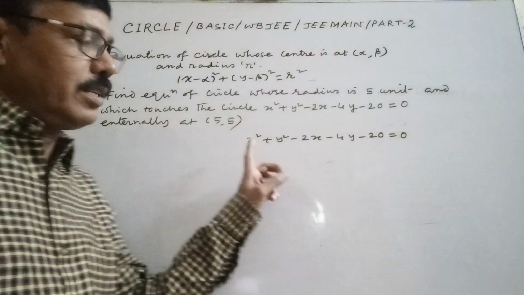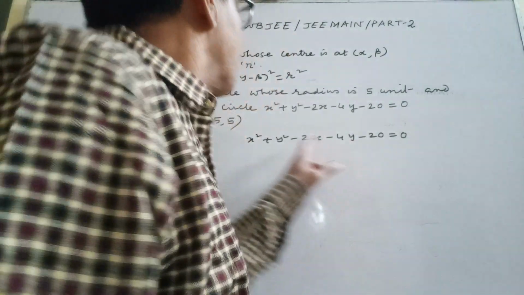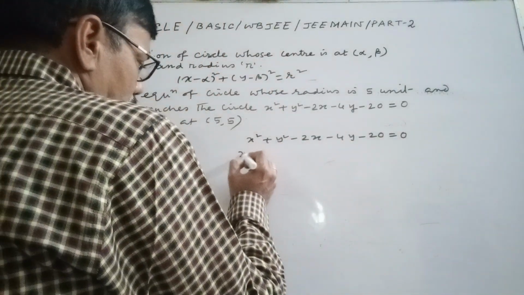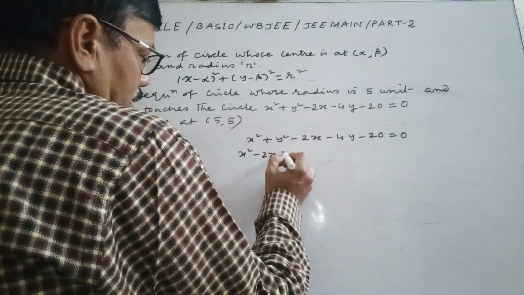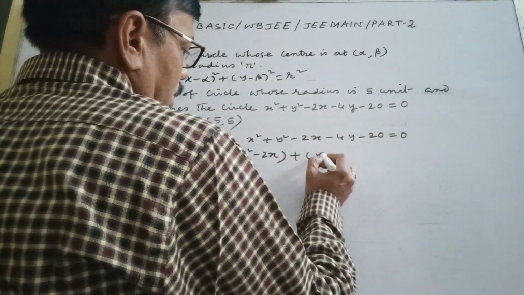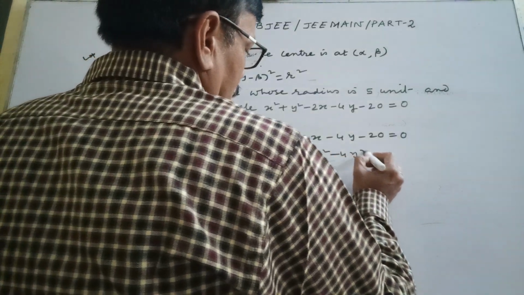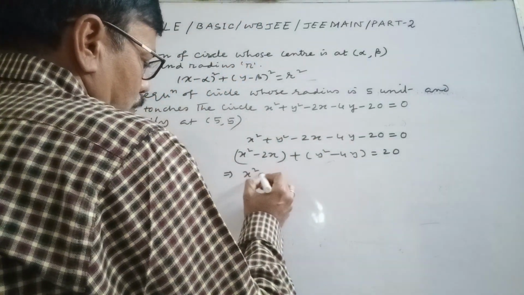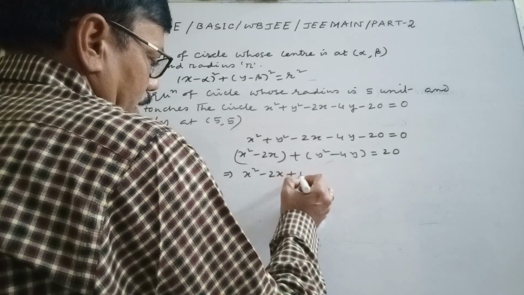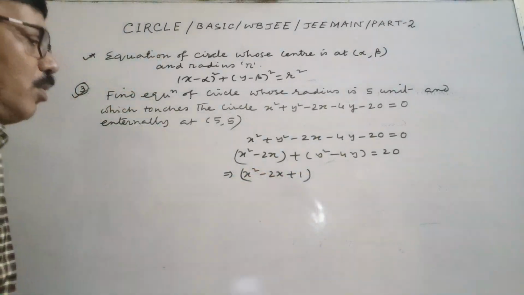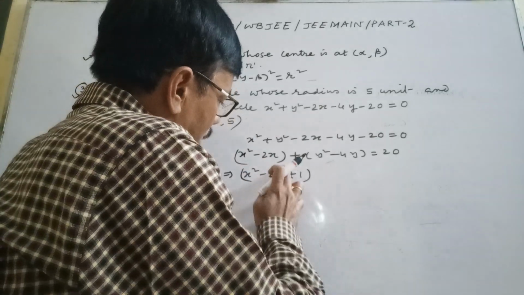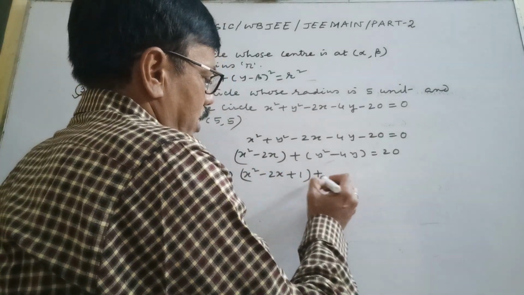Now to find center and radius, you have to express it in this form. So x square minus 2x, y square minus 4y equals 20. To make it a perfect square, x minus alpha whole square, you have to add 1: x square, 2 into x into 1, plus 1 square.